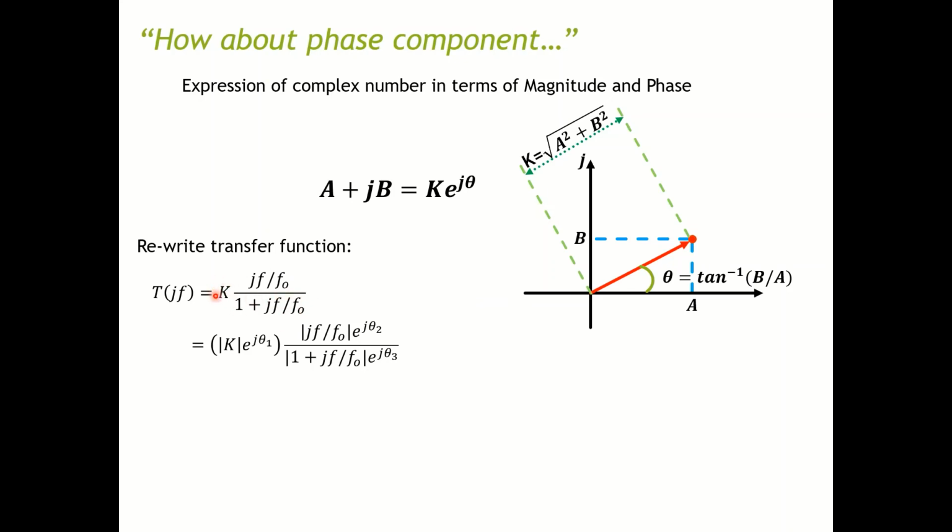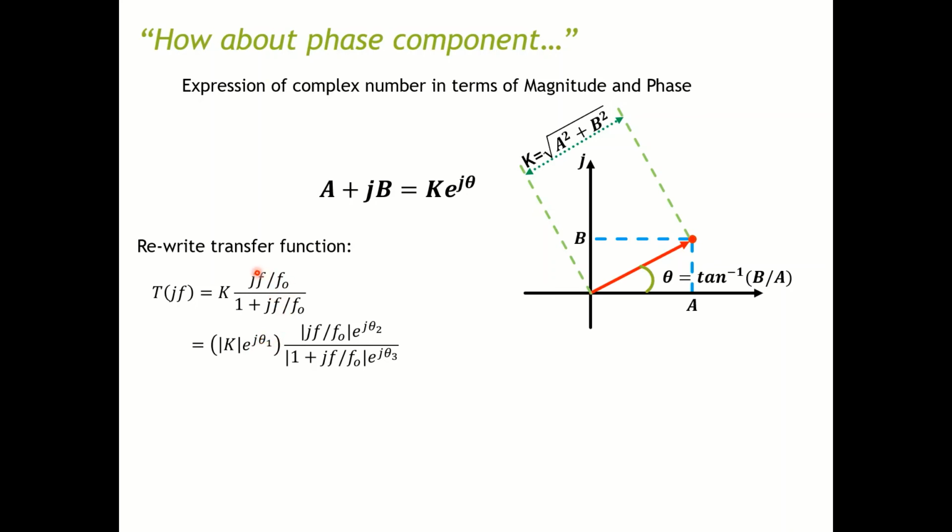The first term k, you can express as a complex number, even though it only has a real component and no imaginary component. This complex number can be expressed as the magnitude of k multiplied by the phase component of k, e to the j theta 1.